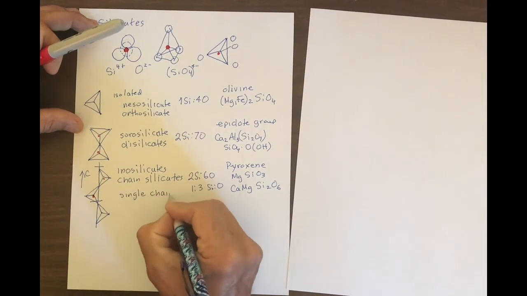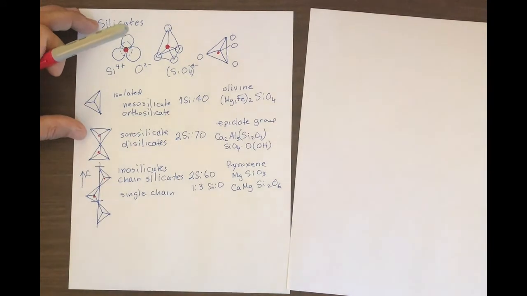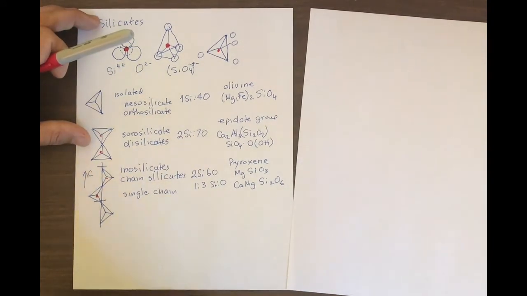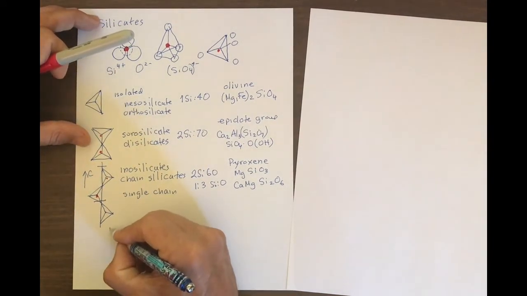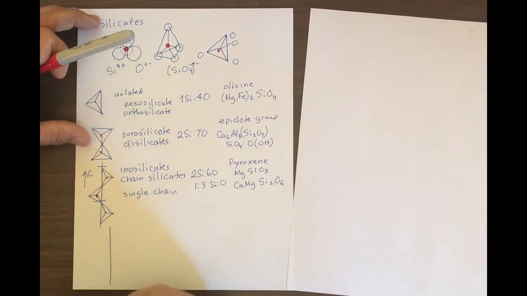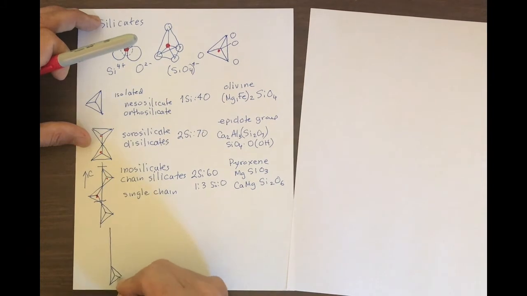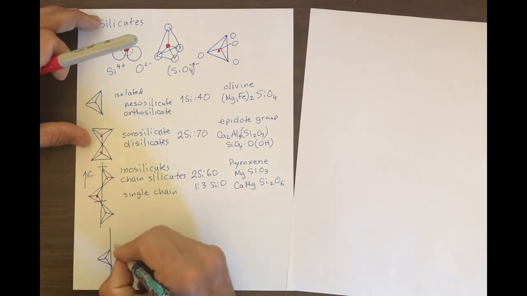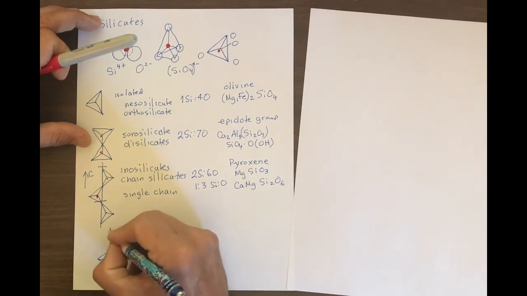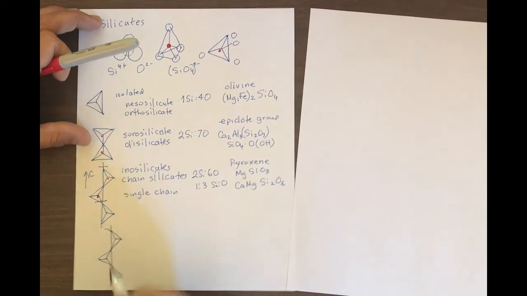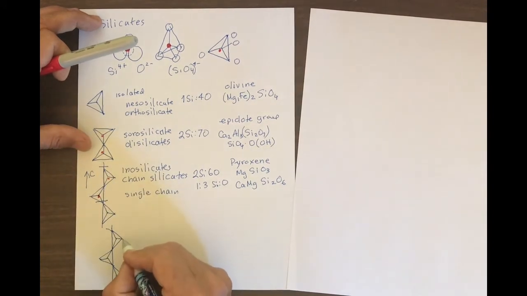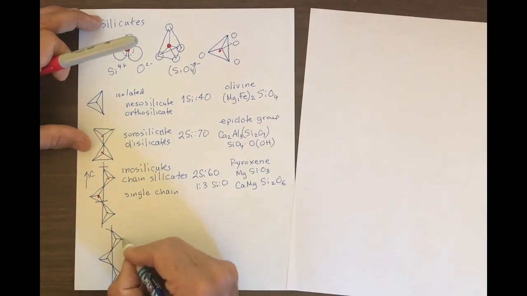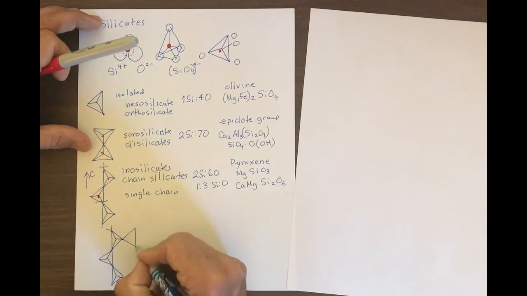And now we're going to look at what happens when we have a double chain inosilicates. Again, we're going to do the same thing. We're going to draw this tetrahedral chain like that. There's the next tetrahedron, and the next one like that, etc. And now we're going to share this oxygen with another tetrahedral chain over here.